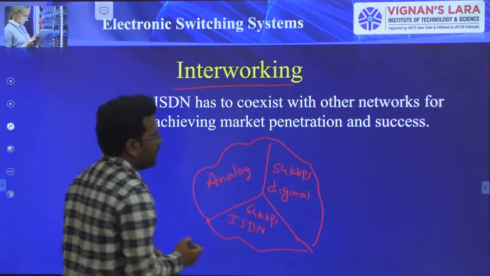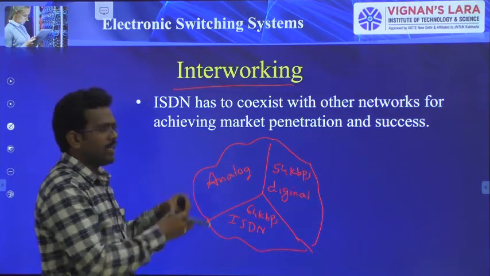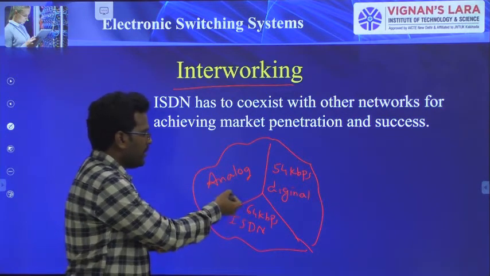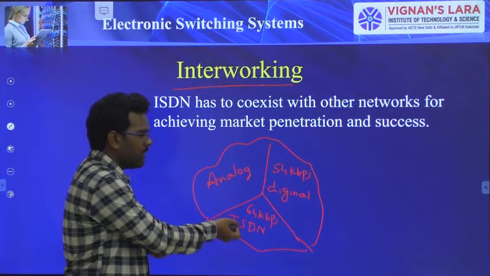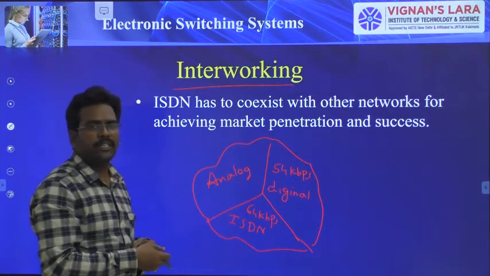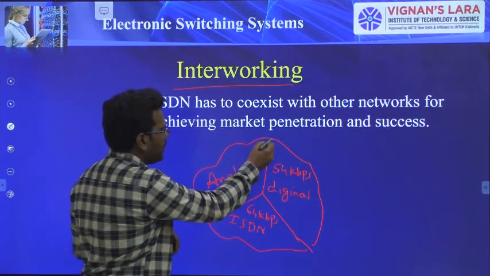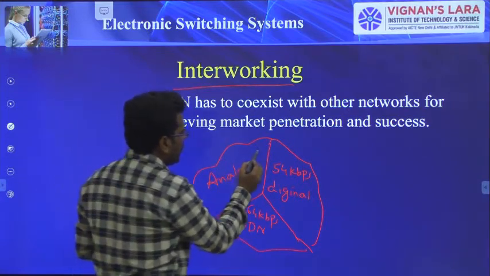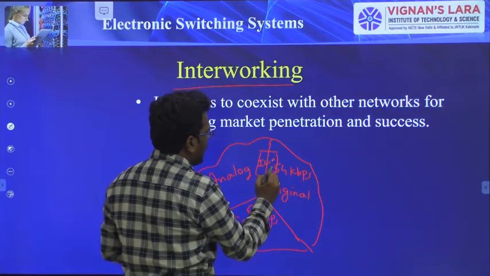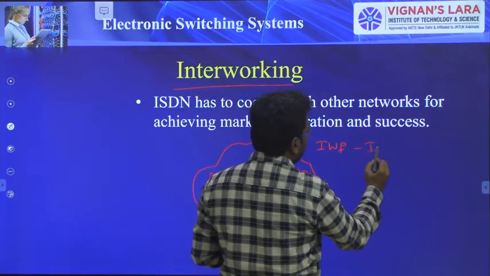So here I want all these three to operate in parallel, or I can say cooperate. The analog network should be able to connect with the 64 kbps ISDN or with the 54 kbps digital network, or vice versa. To perform this, it should use a function called IWF. IWF stands for interworking function.